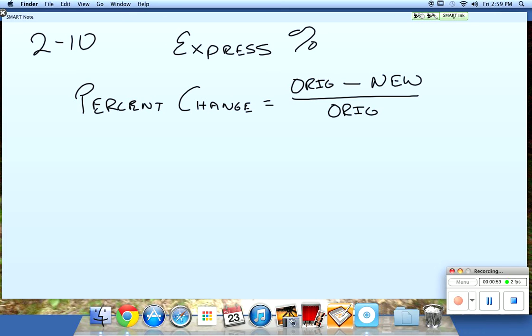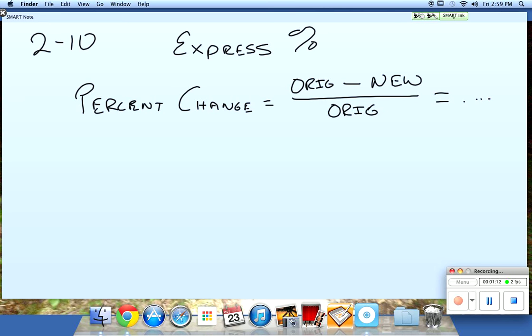What this basically says is we're going to find out what the change was from the original amount you had to the new amount, and then whatever that difference is, we're going to divide it by the original amount. And this is going to give us probably a decimal.